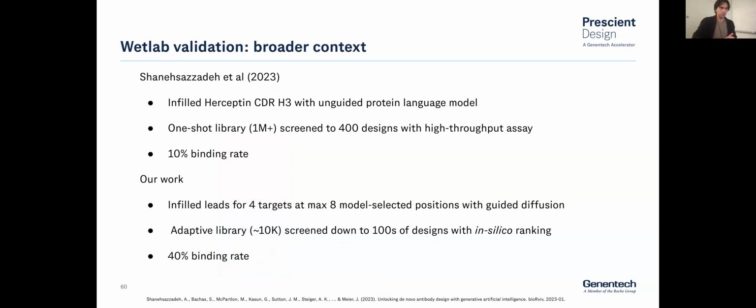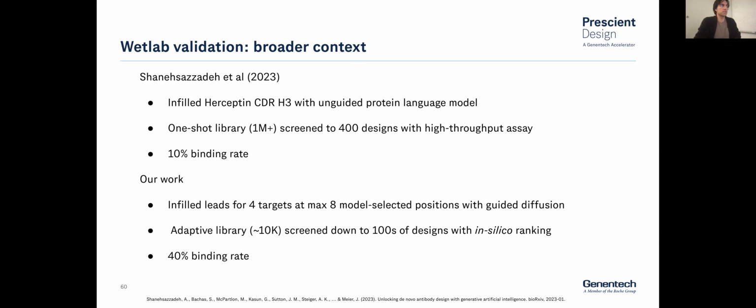And so to get to results, just to give people some context, one of the primary prior results published up to this point on ML-assisted antibody design on similar targets was this paper from Absci, Shanehsazzadeh et al.